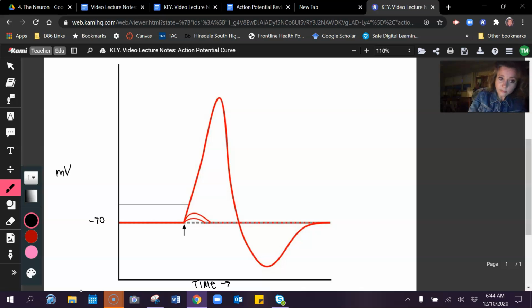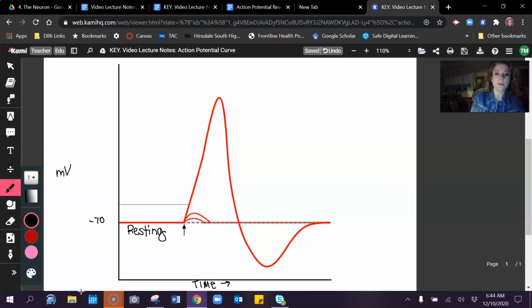So at our resting potential, remember that our neuron is ready to be stimulated. This is not a stable state, even though we call it resting. Remember that at this time, our neuron is like a salty banana.